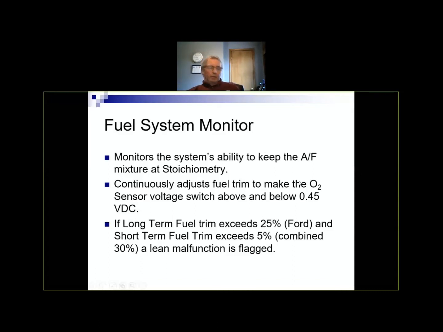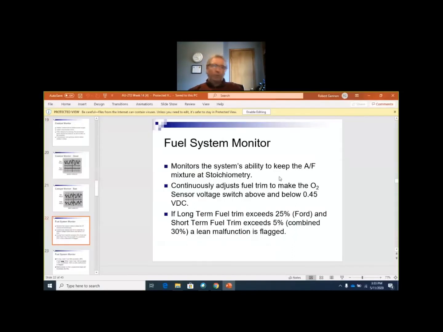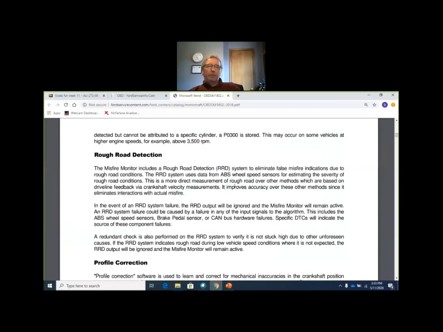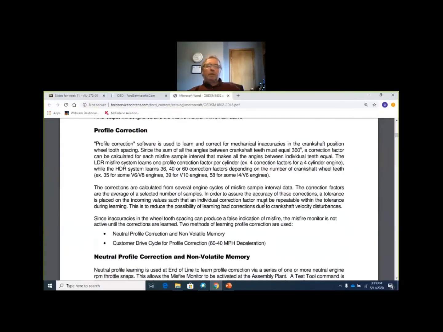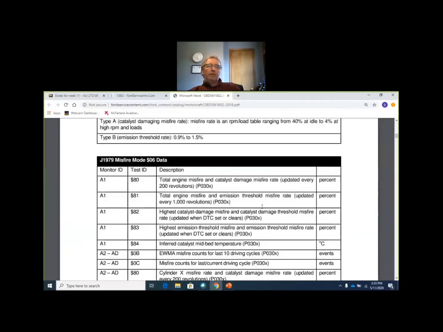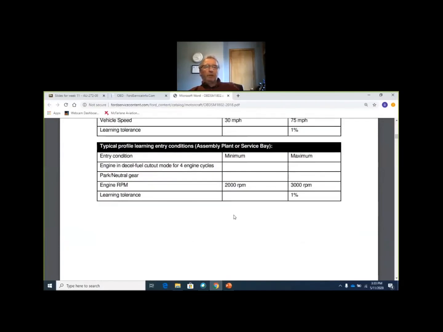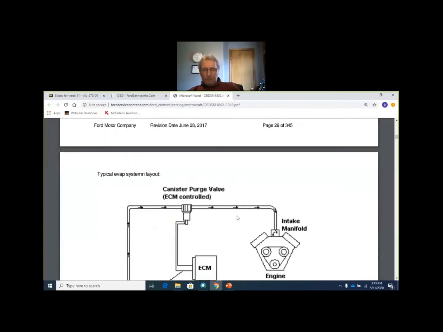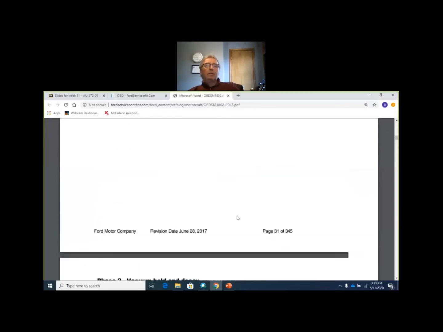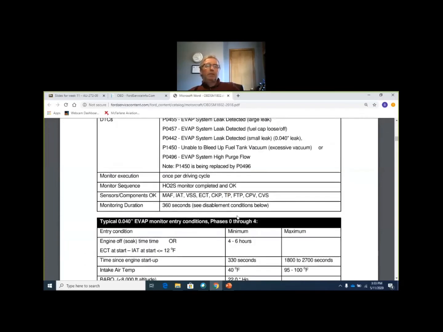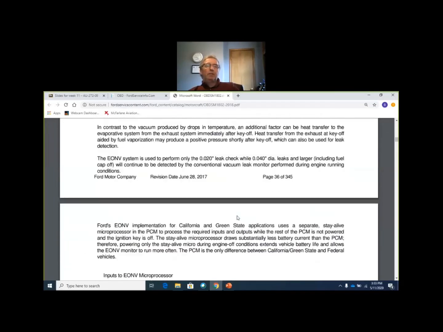Let me go back to the Ford OBD2 thing here from Motorcraft Service. And the fuel system monitor, I'm going to have to find it. EVAP monitor, I may have already gone past it. My apologies.